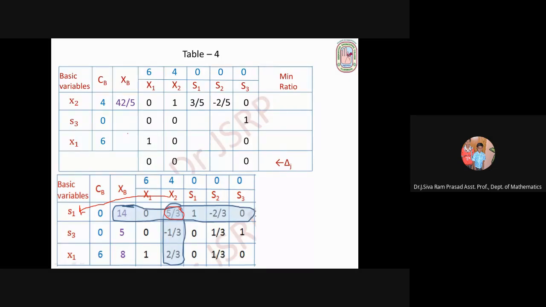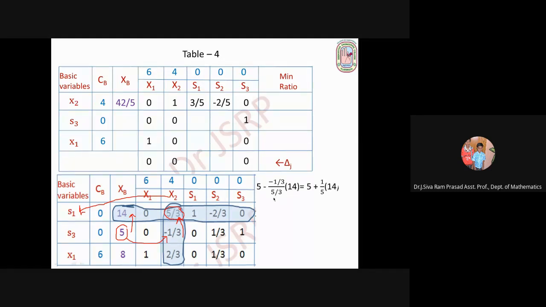Okay, next, third step, to calculate the other values. To calculate this value, present value 5 minus pivot column element 1 by 3, divided by pivot element 5 by 3, into the pivot row element 14. So 5 minus 1 by 3 by 5 by 3 into 14.